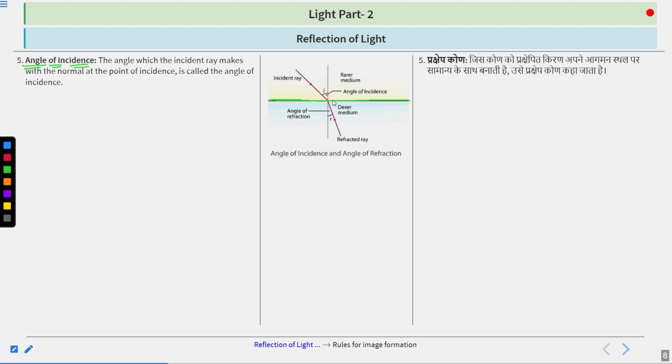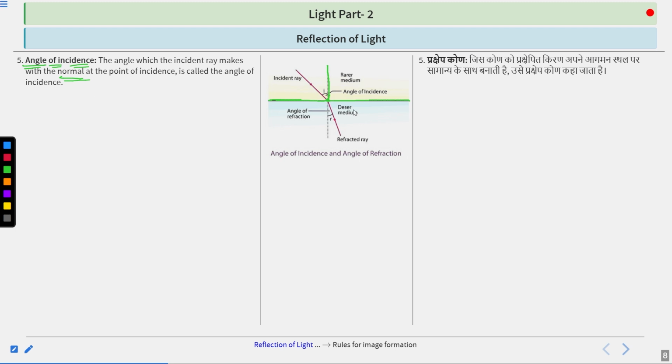The incident ray is coming and striking there. This point will be known as the point of incidence, and from here we will draw a perpendicular, and that perpendicular will be named the normal.